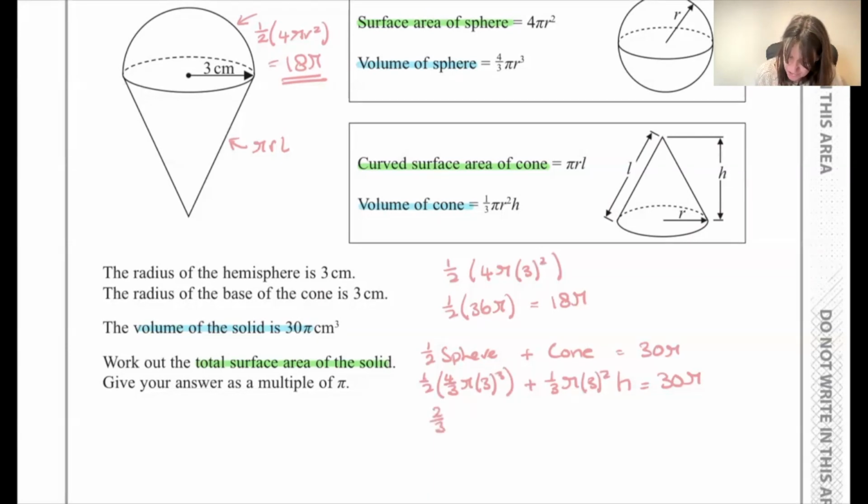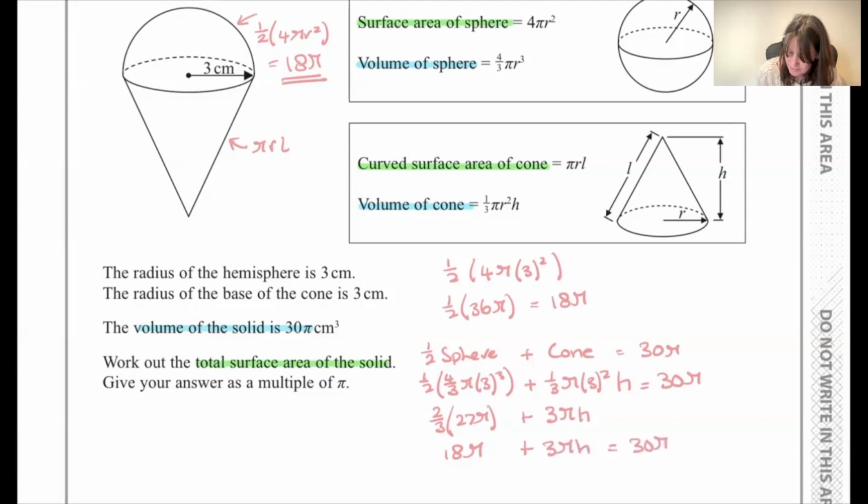And then we've got that being multiplied to 27 pi, and that would lead on to 18 pi, 54 divided by 3. Now you might go through those numbers in a slightly different way, but as long as you come out at 18 pi, it is going to work. We've then got our 3 squared, which is 9. A third of 9 is 3 pi, and we've got our h. So 18 pi plus 3 pi h is equal to 30 pi.